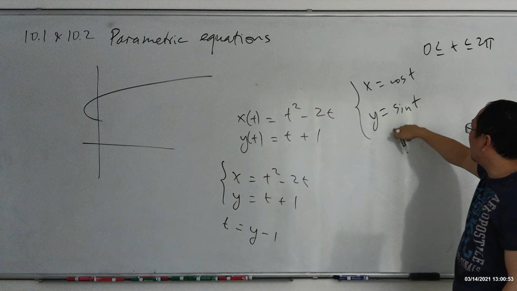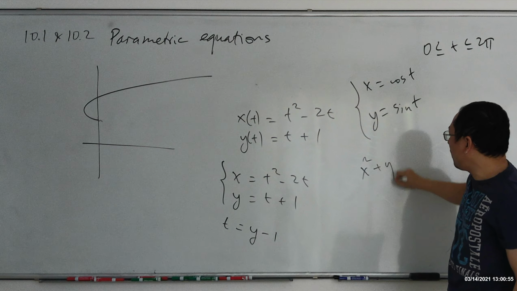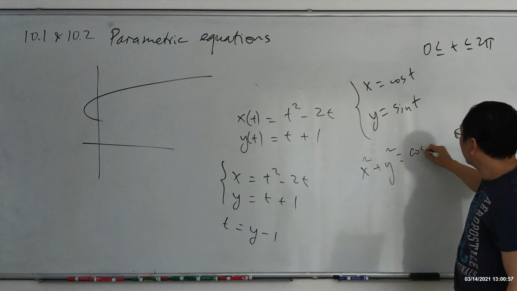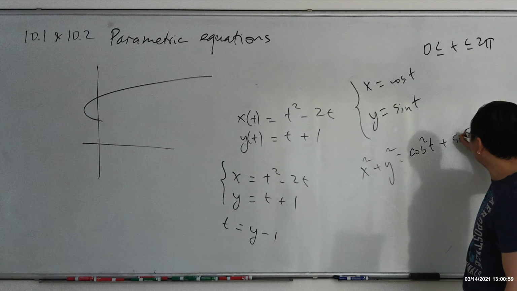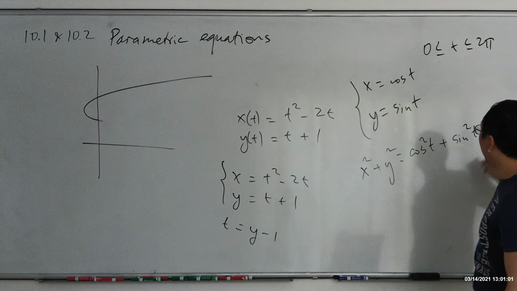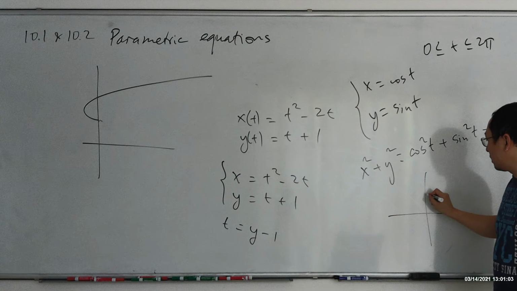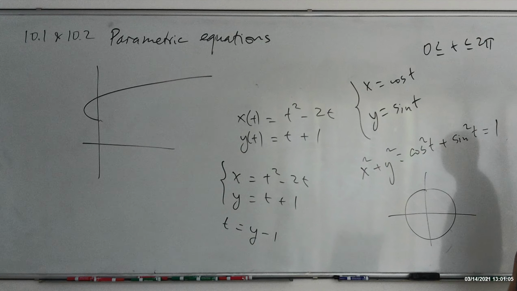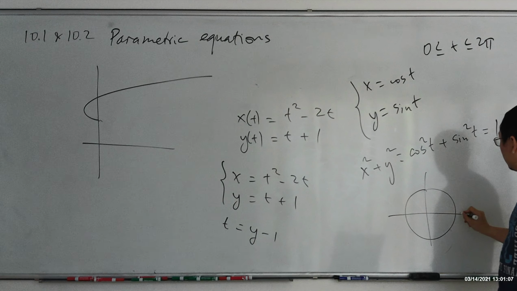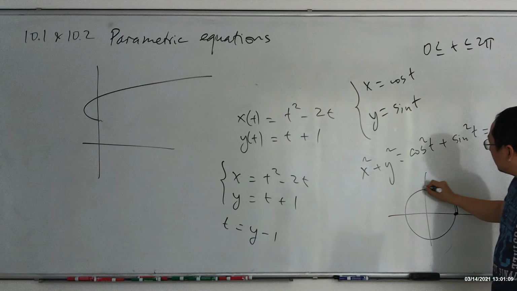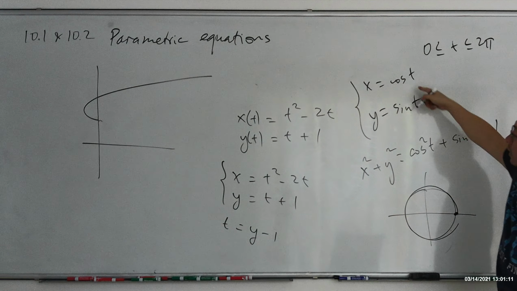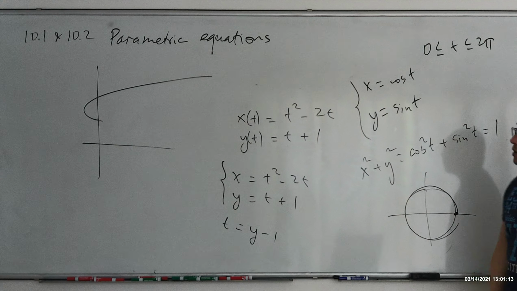It's going to be a circle, because x squared plus y squared is equal to cosine squared plus sine squared, which is equal to 1. Then you graph it, and this is the circle of radius 1. t equals 0 is going to be right here, all the way to 2 pi, because t is now the angle. You have the whole circle.